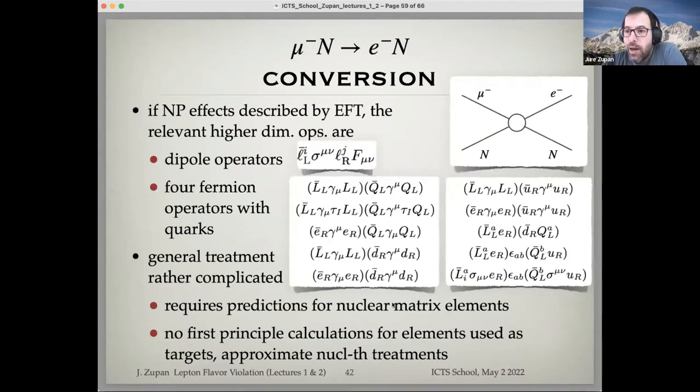Also, the targets that are being used are heavier because you gain some coherent factors sometimes. This will go as some number of nucleons that you have there, squared, in the transition rate.